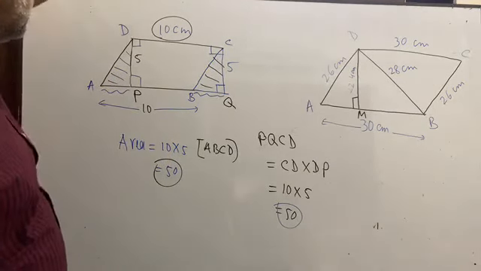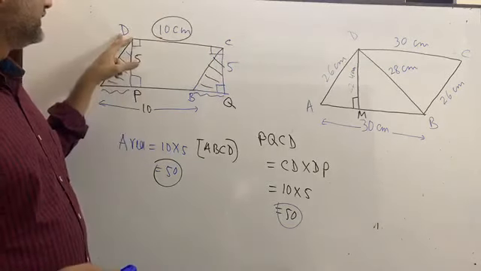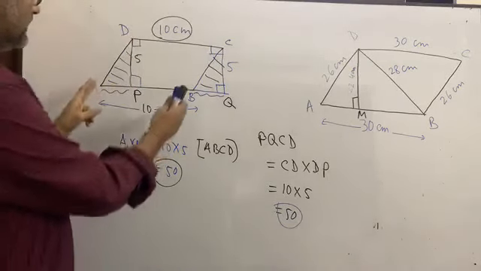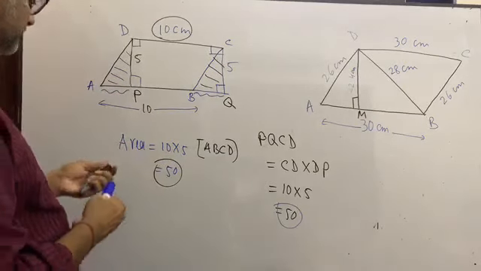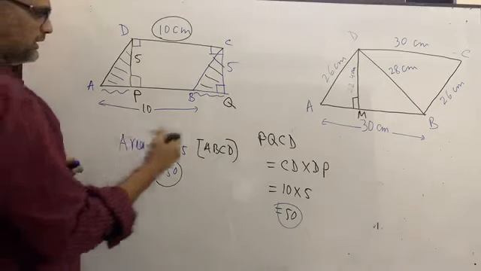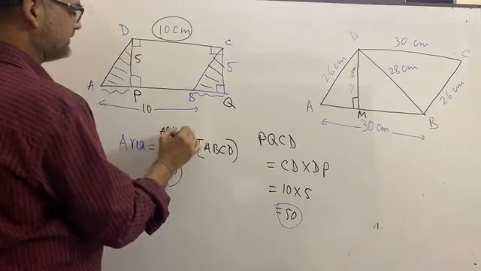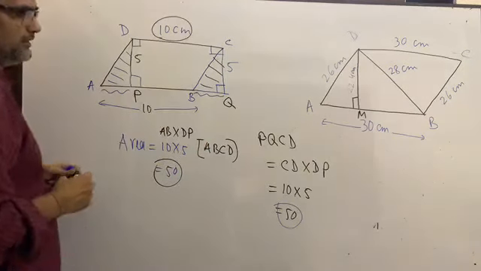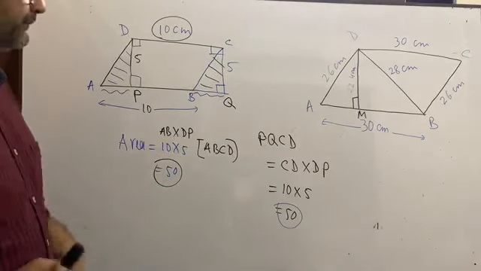You again see the parallelogram A, B, C, D. Its area was base into height. Base is AB. What is height? DP is the height. So 10 into 5, that is 50.